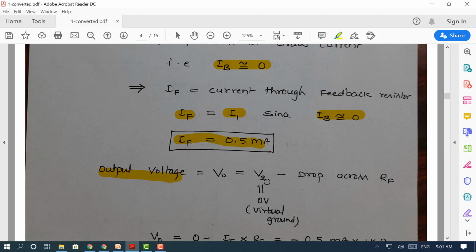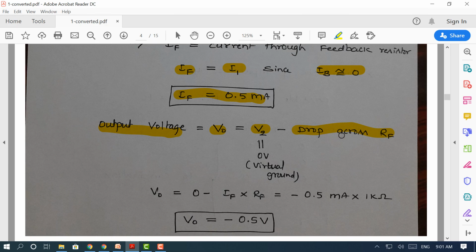This expression is already familiar to you. Output voltage is equal to the voltage at the inverting terminal minus the drop across the feedback resistor. The voltage at the inverting terminal is 0 because of virtual ground, and we need to calculate the drop across RF. The drop across RF is IF times RF, so V0 is equal to minus 0.5 milliampere, that is the feedback current, times RF, which is 1 kilo.